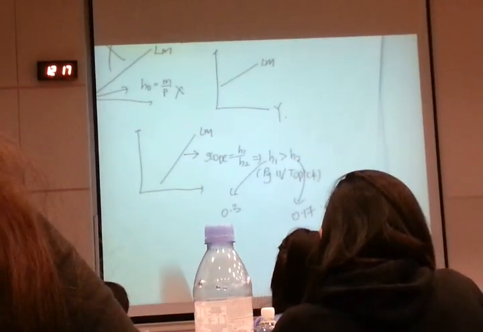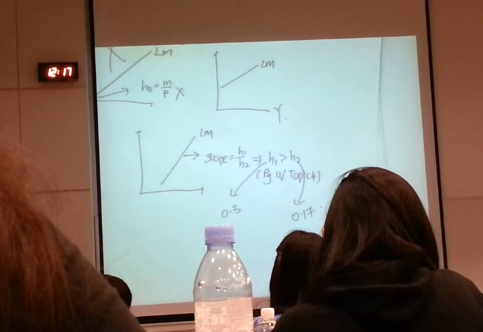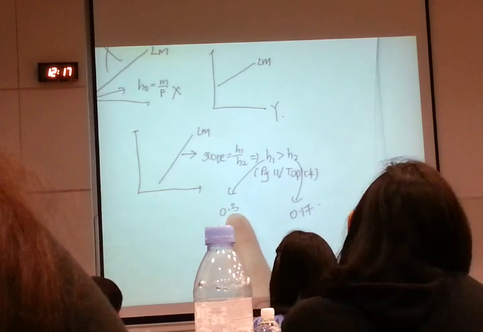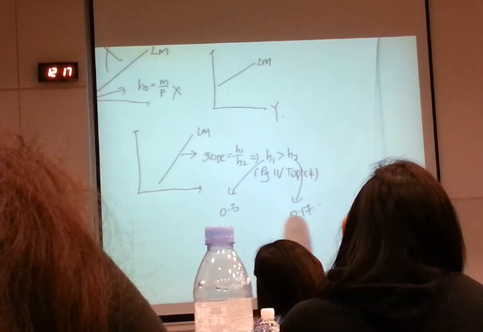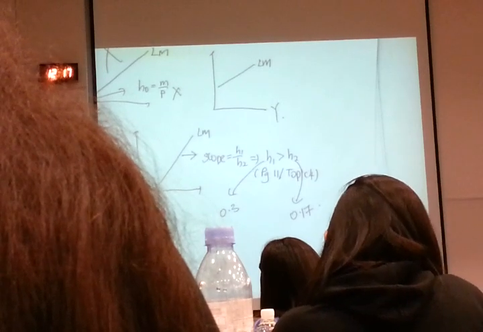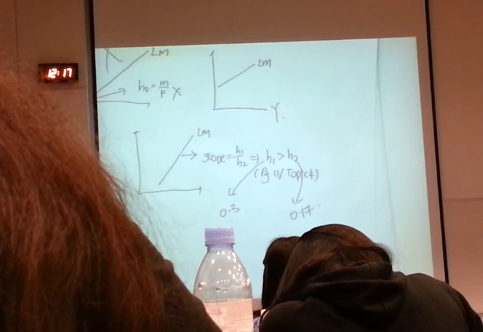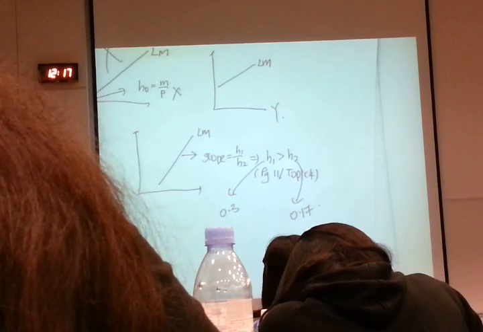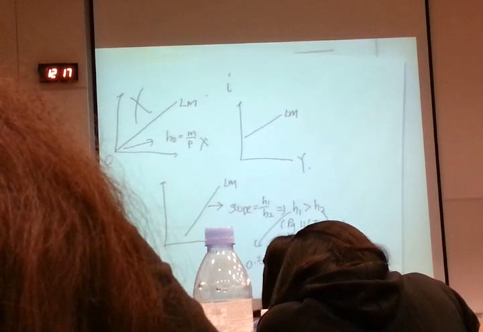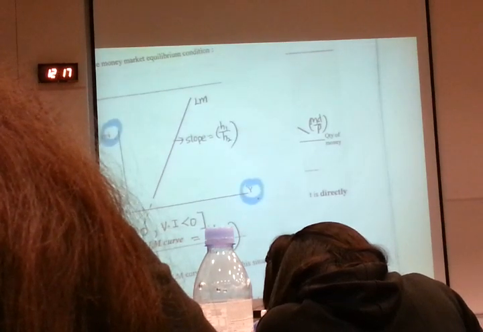So not only does the line seem to touch the horizontal axis, the LM curve generally is quite steep because H1, the income elasticity of money demand, is larger than H2, the interest elasticity of money demand. So when we understand the LM, we don't just say we have an equation. We attempt to understand the slope as well as the intercept. So make sure when you draw your LM, although it's a simple line, you observe the key characteristics. So that was our discussion last week on page 22.